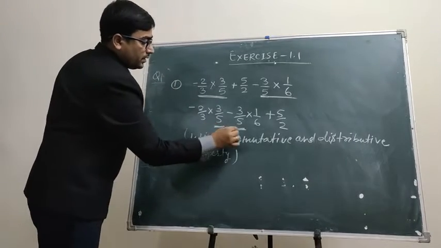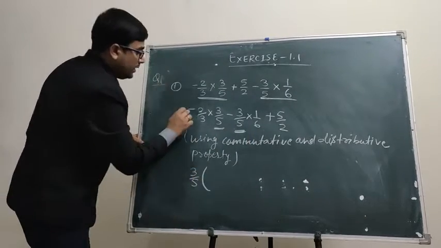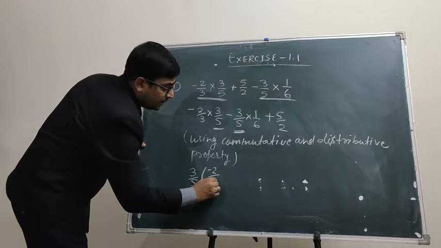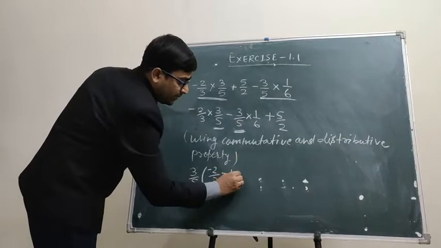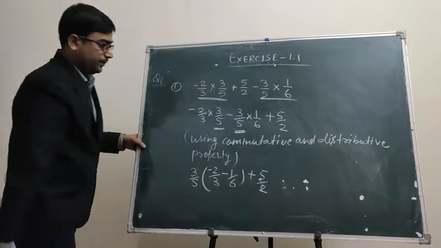Here we take 3 by 5 as common. Here minus 2 by 3 is left, then minus 1 by 6 is left, then plus 5 by 2.